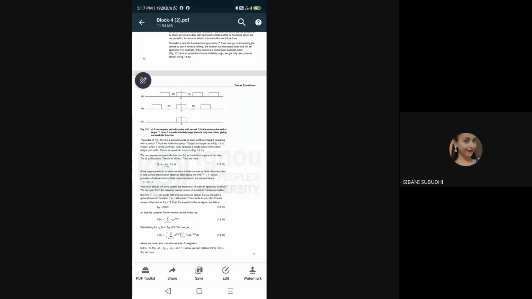So you can write f(x) equals limit T tends to infinity f_T(x).